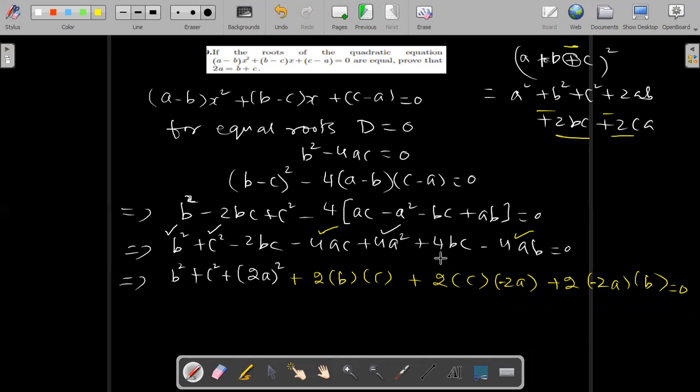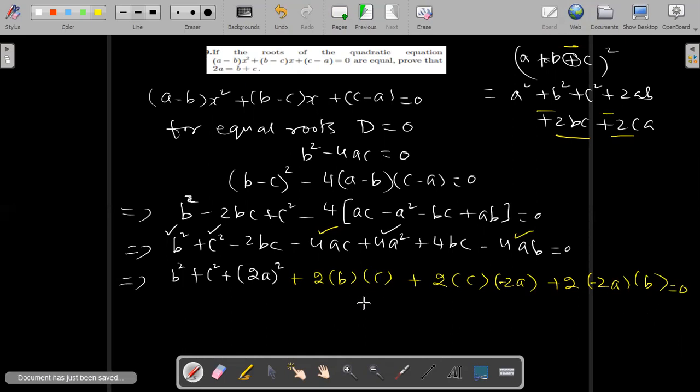But here this 4bc should be 2b and minus bc plus b... is equal to 0.